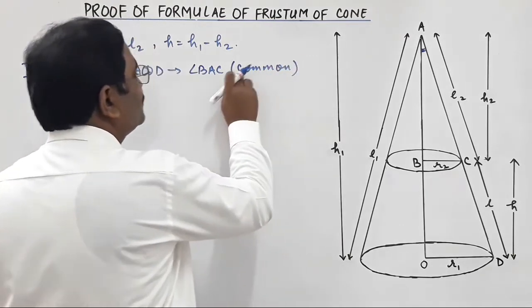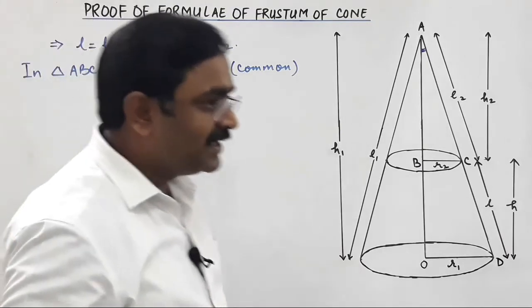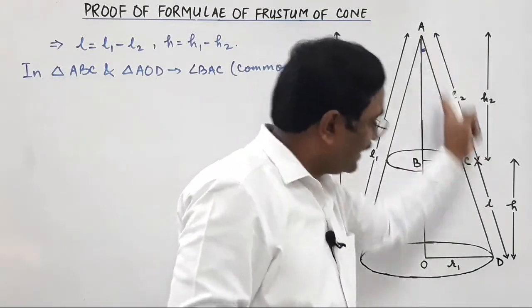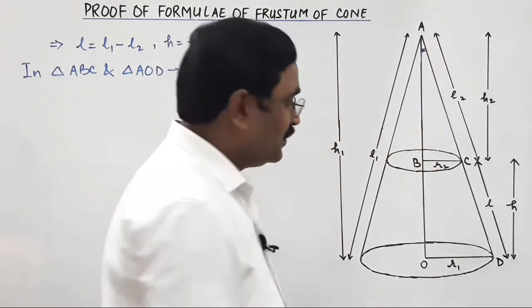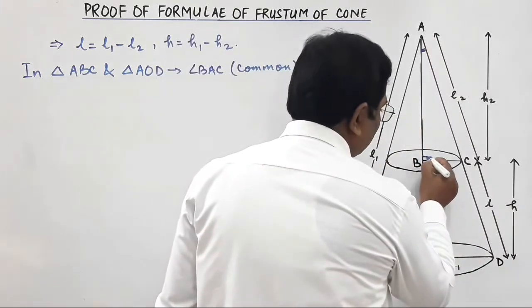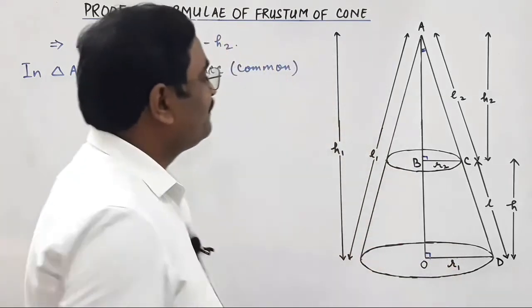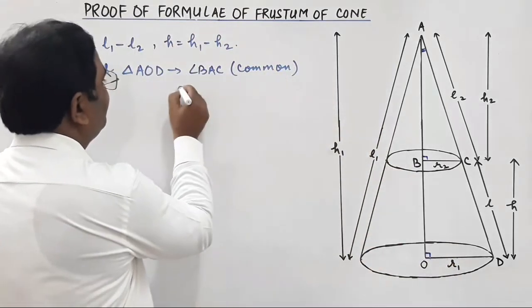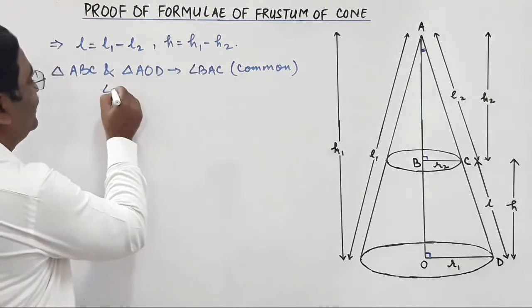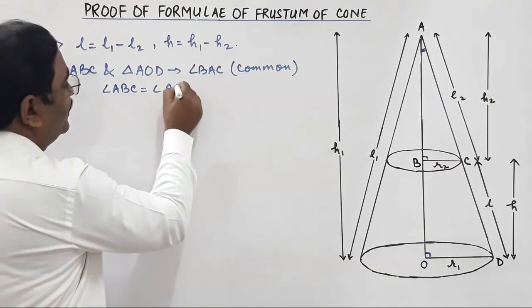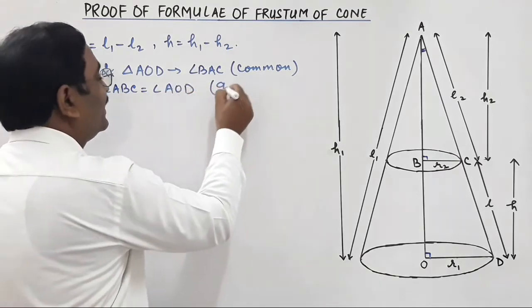As this angle is common, so you can say this angle ACB is equal to angle ADO. Or you can say this angle is 90 degrees, this angle is also 90 degrees, means angle ABC is equal to angle AOD, both are 90 degrees.